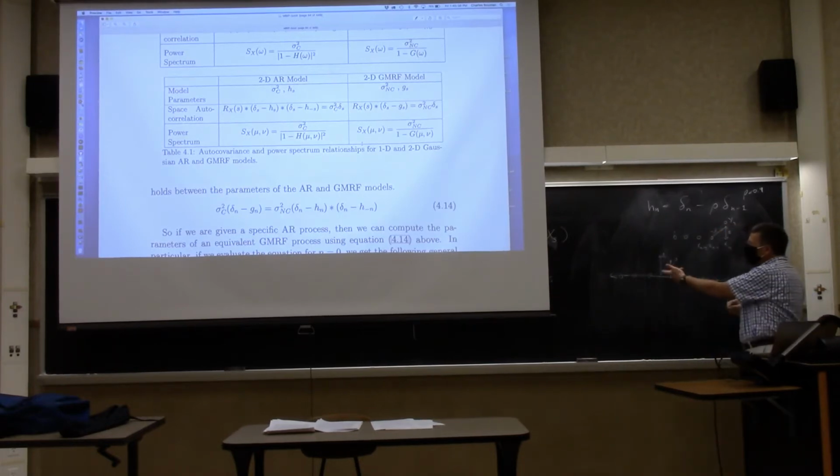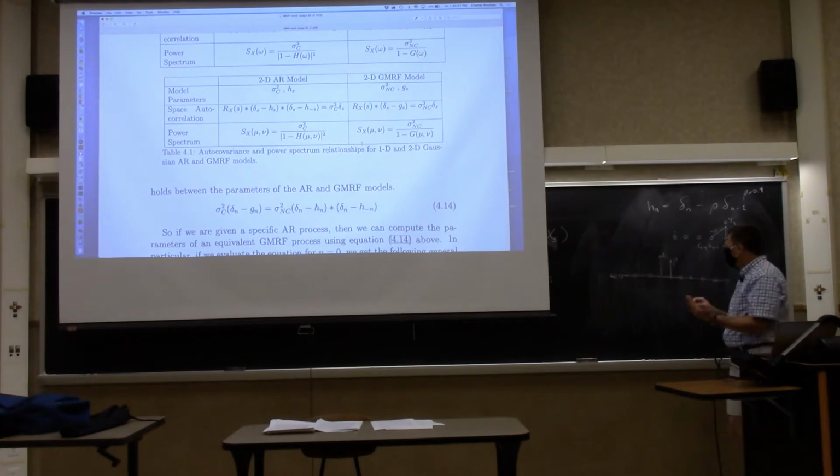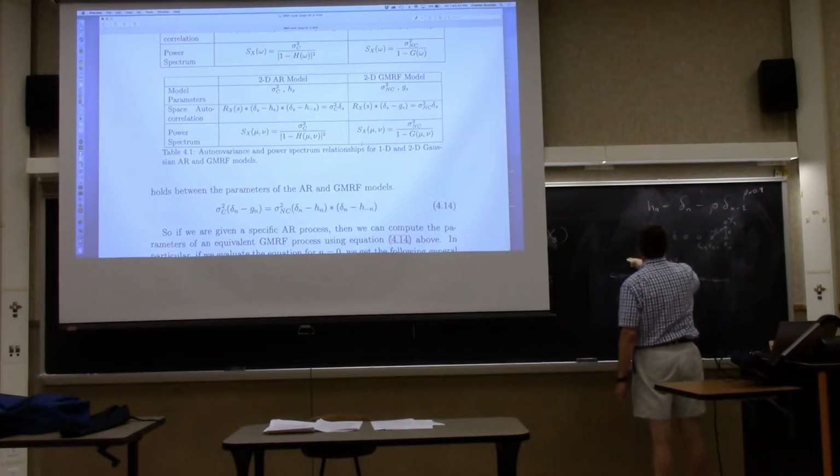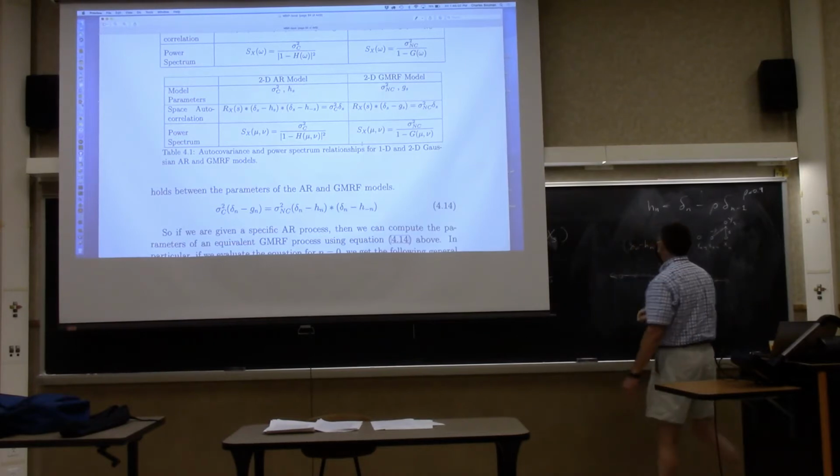Now what happens if you take that function and you correlate it with itself? What's the output if you just do an autocorrelation of that function with itself? So this would be delta n minus h of n. That's what this function is here.